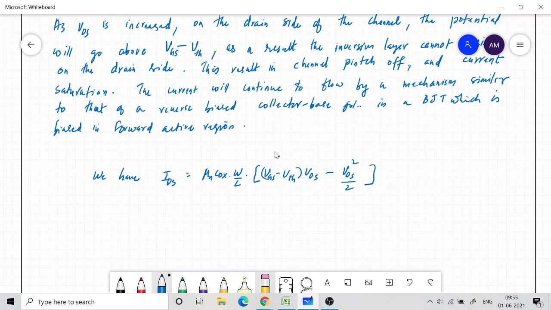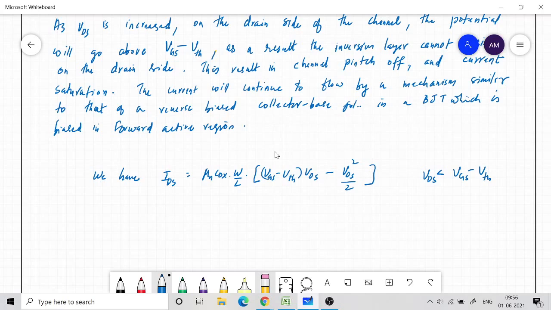While deriving this expression, we assumed that the magnitude of VDS was less than VGS minus VTH. This is the assumption under which we have derived it.